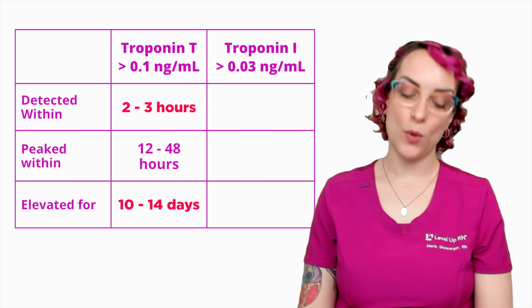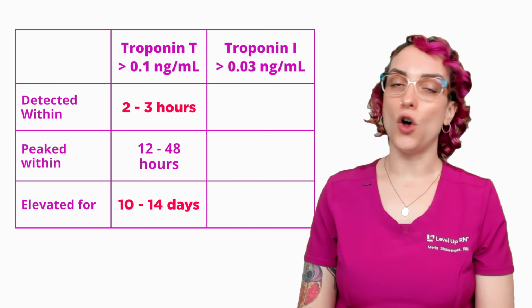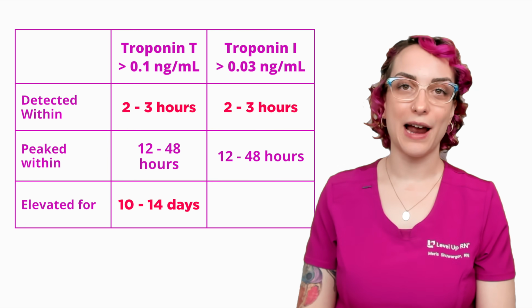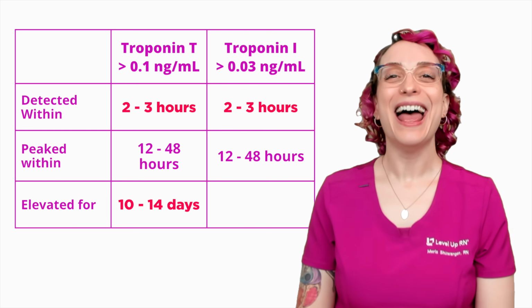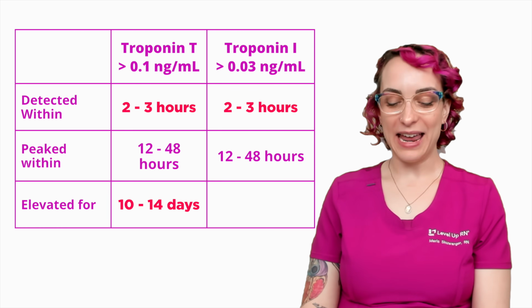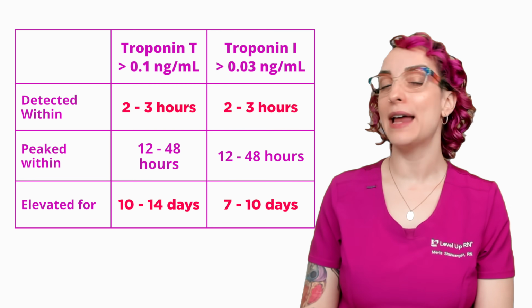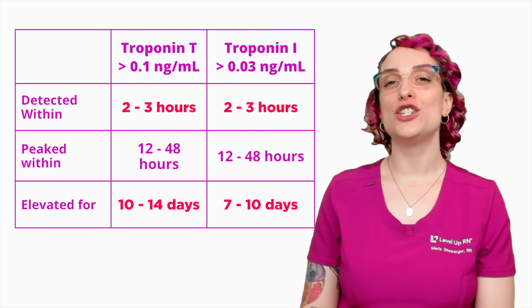Now for troponin I, detected also within 2 to 3 hours, peaks also within 12 to 48 hours, so we love and appreciate that. However, with troponin I, it is only elevated for 7 to 10 days. Now, luckily, we do have some cool hints here to help you remember the timing of these things.